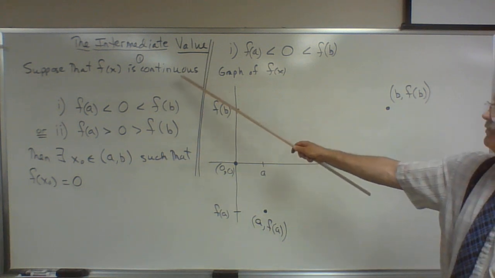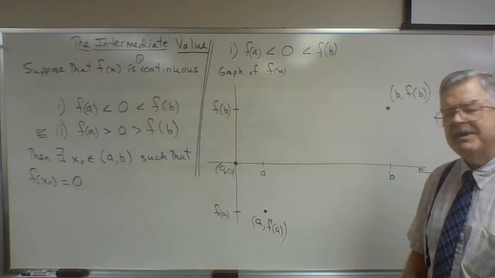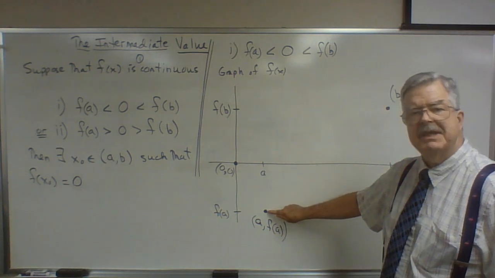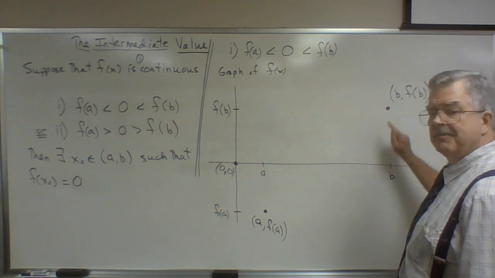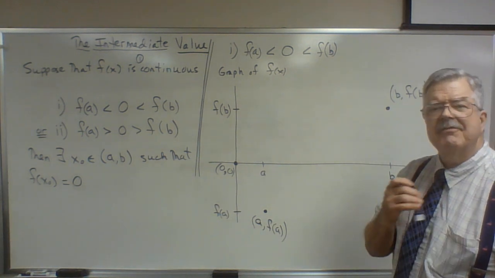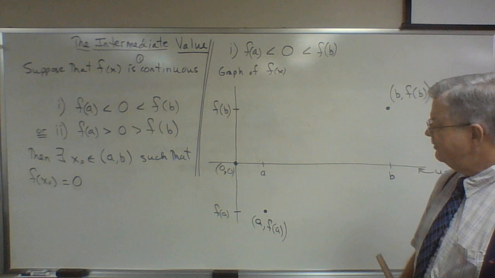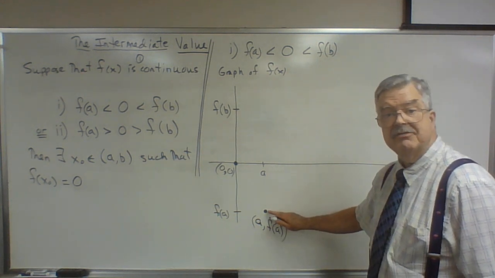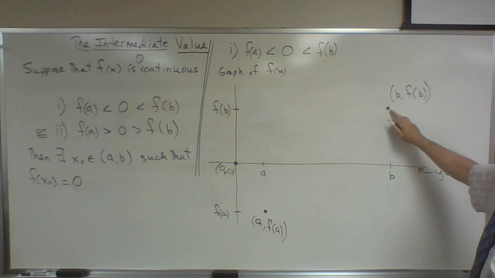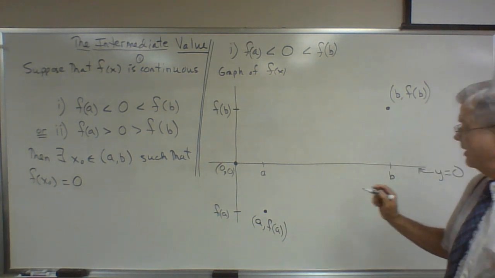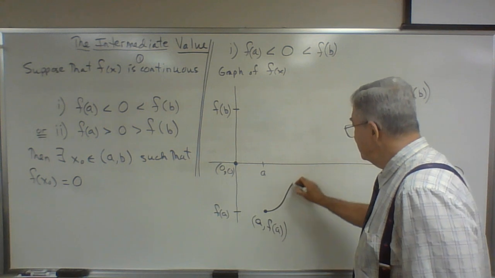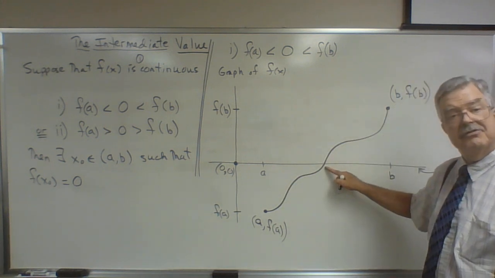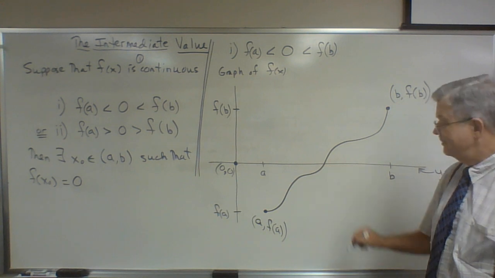And f of x is continuous, which means that the graph is one connected piece going from here to here. And if the graph is one connected piece, we can't go from here below the x-axis to here above the x-axis, you guessed it, without crossing the x-axis somewhere in between.